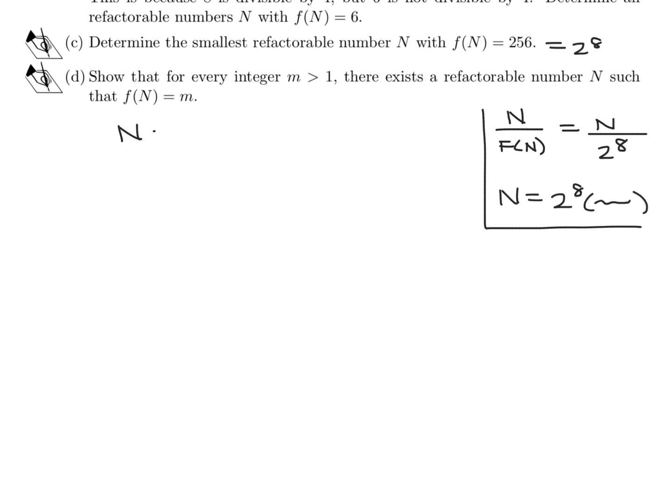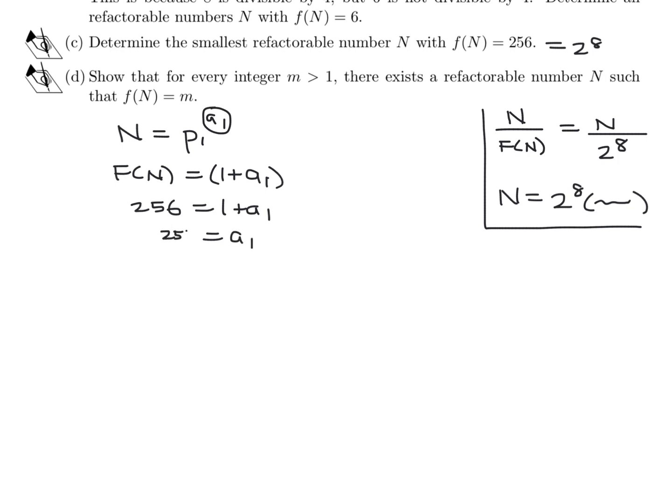Let's say n is just one prime number to some power. That means f of n would be, you take that exponent, there's only one this time, and you add 1 to it. And that's it. And f of n is 256, right? So 1 plus a1 is 256, so a1 is equal to 255. So n would be some prime number to the exponent 255.